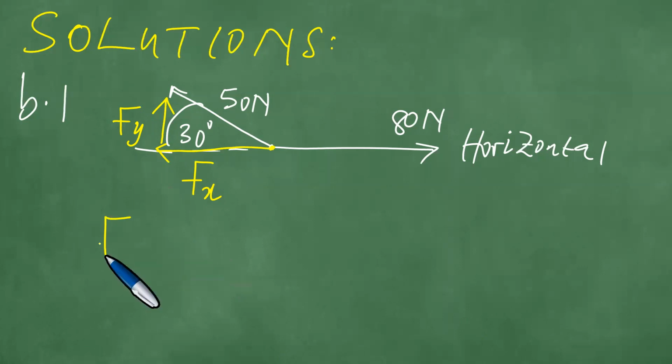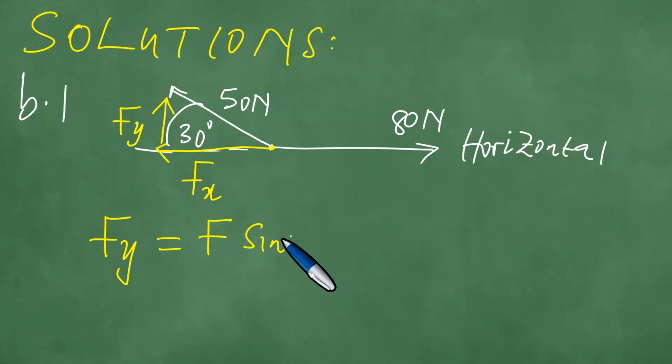So the formula for the vertical component we use at this level is that Fy is F times the trigonometric sine of theta. So in other words, to find the vertical component, we take the force and we multiply by the sine of the angle there. Okay, good.